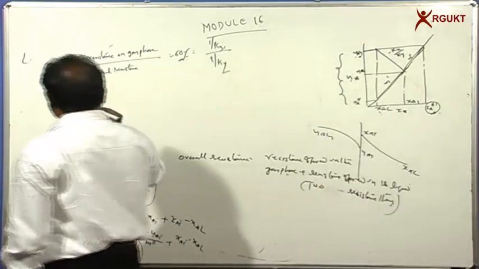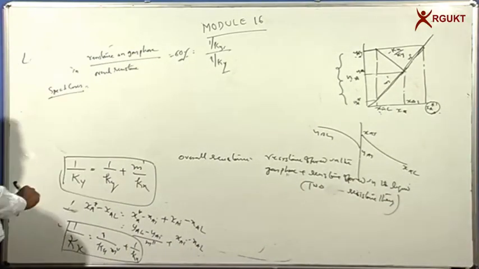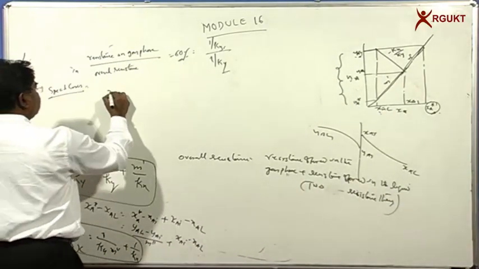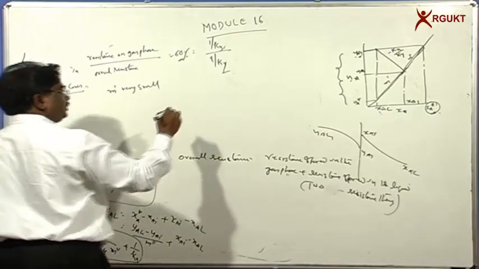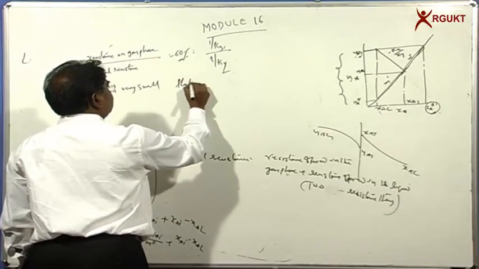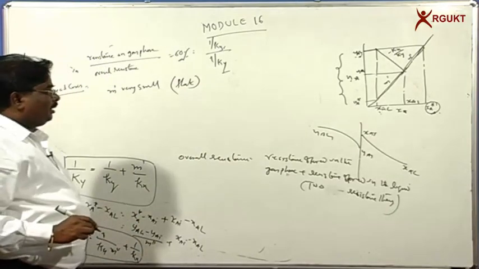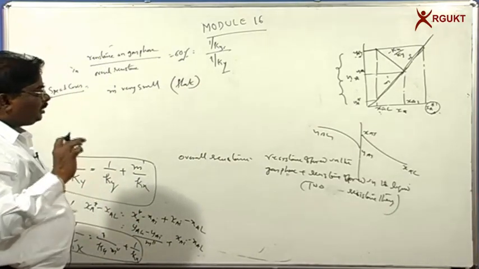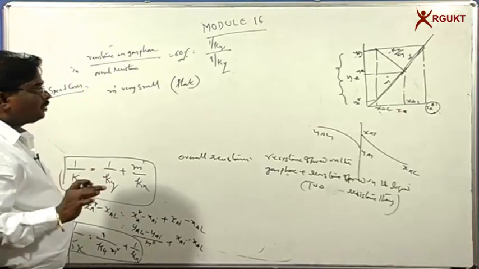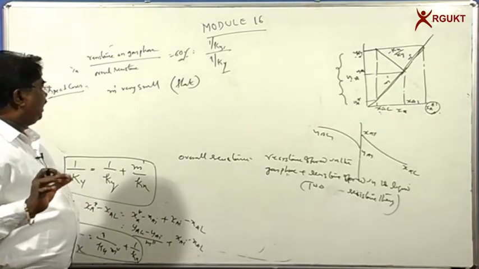So now we can have some special cases. Suppose the slope m is very small, that is, the equilibrium diagram is very flat. Small changes in the concentration in the gas phase produce large concentration changes in the liquid phase.